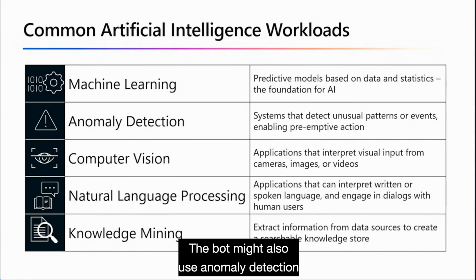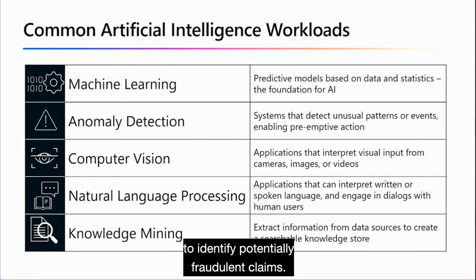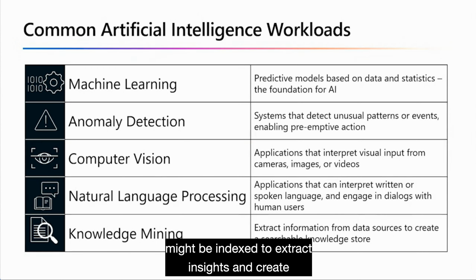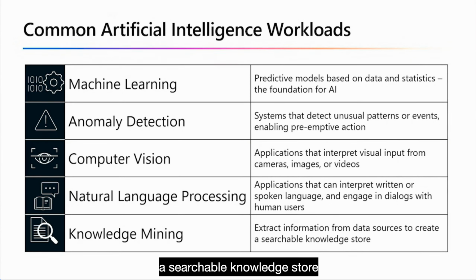And the bot might also use anomaly detection to identify potentially fraudulent claims. Finally, the claims data, including forms, photographs, and other artifacts, might be indexed to extract insights and create a searchable knowledge store to help manage future claims.